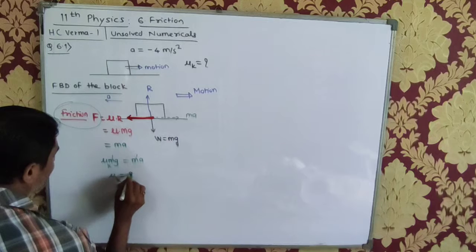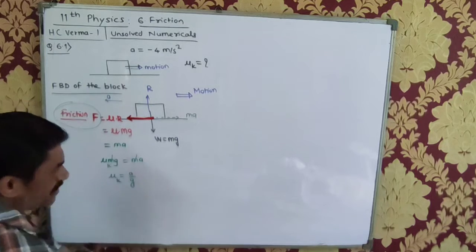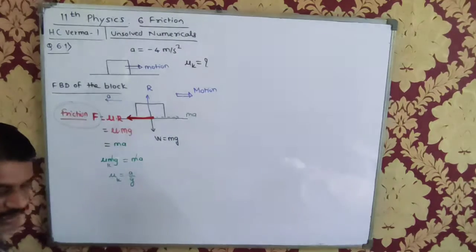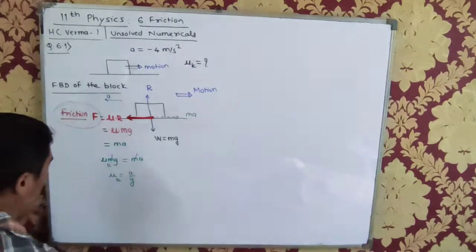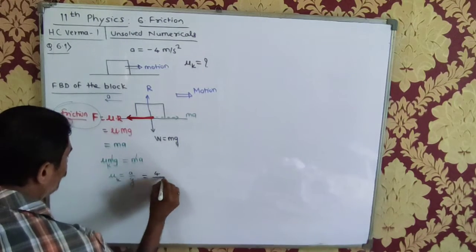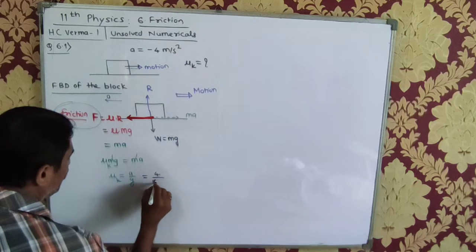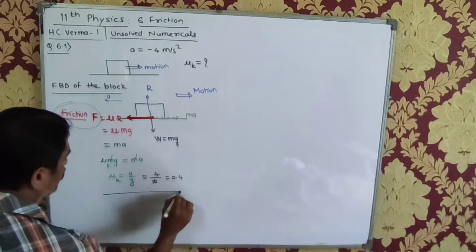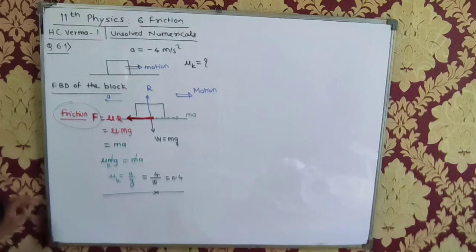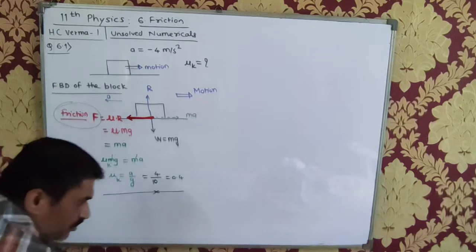Mu k is equal to the magnitude of acceleration upon g. Yes, the magnitude of acceleration, because direction is already taken into account here. So what is the magnitude of acceleration? 4 upon 10. I would say 9.8, I call it 10, and that is equal to 0.4. So the coefficient of kinetic friction is simply 0.4. Is this clear? Is this okay?